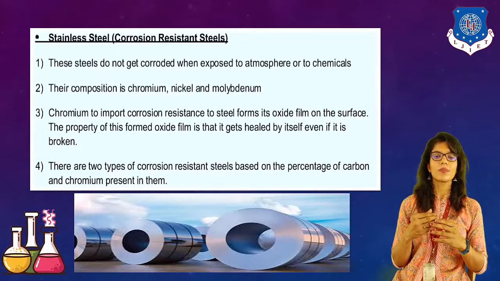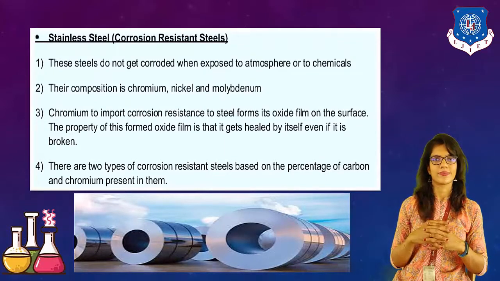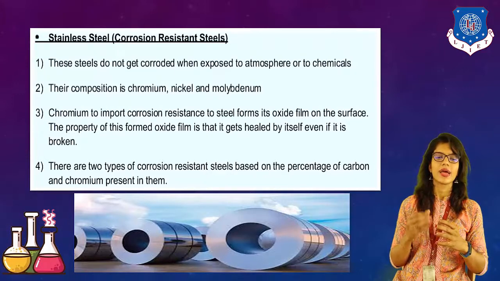Here, chromium imparts corrosion resistance to steel by forming an oxide film on the surface. The property of this oxide film is that it heals itself if it is broken.